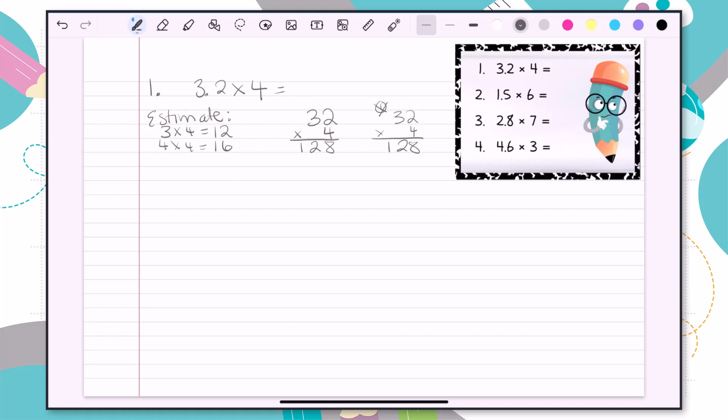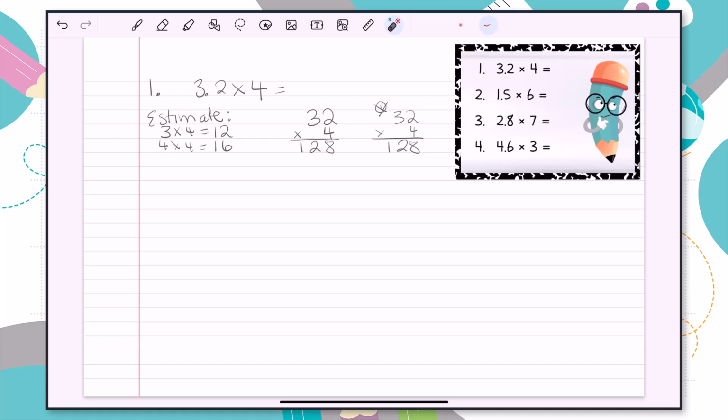Finally, we're going to figure out where to place that decimal point so that our answer makes sense. Our estimate shows that it should be between 12 and 16. If we put the decimal point at the end, that gives us 128. That's too high.